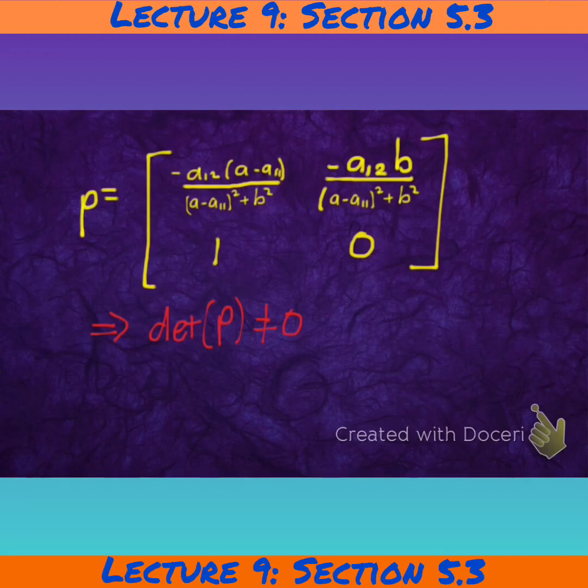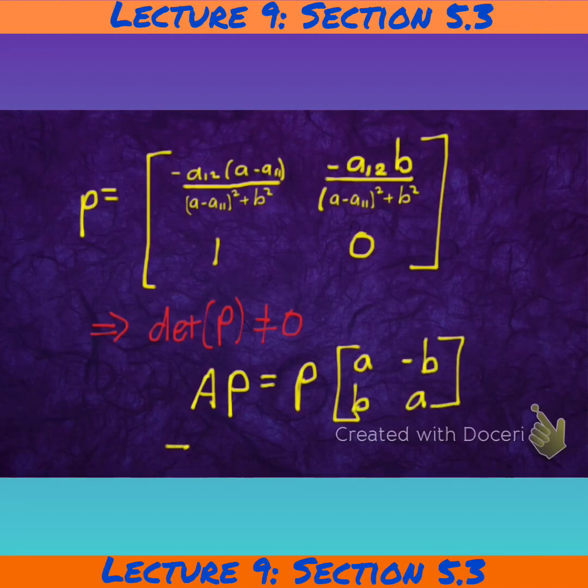Okay, so we've basically proved that A times P is equal to P times this matrix here, minus B, B, A. And from there, because P is invertible, you can go and factorize A as P times that matrix multiplied by P's inverse. So you can always do this, and P will always be invertible.